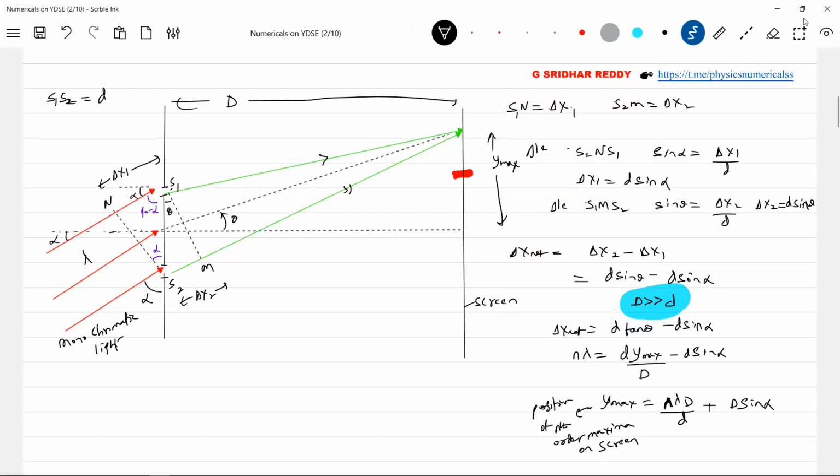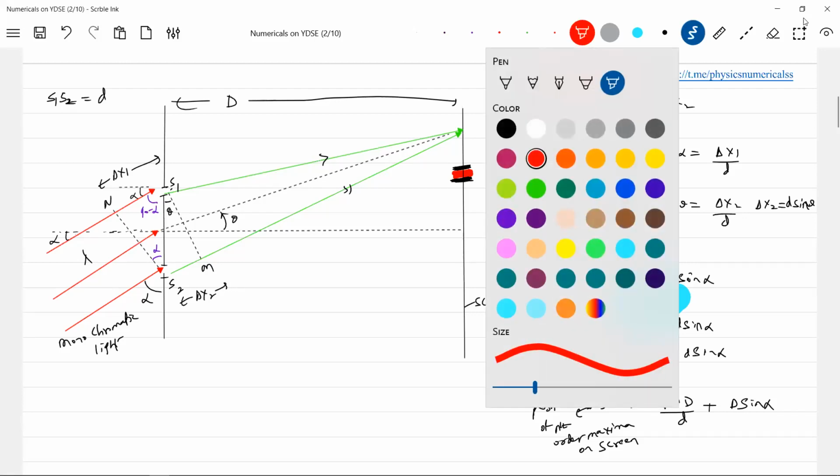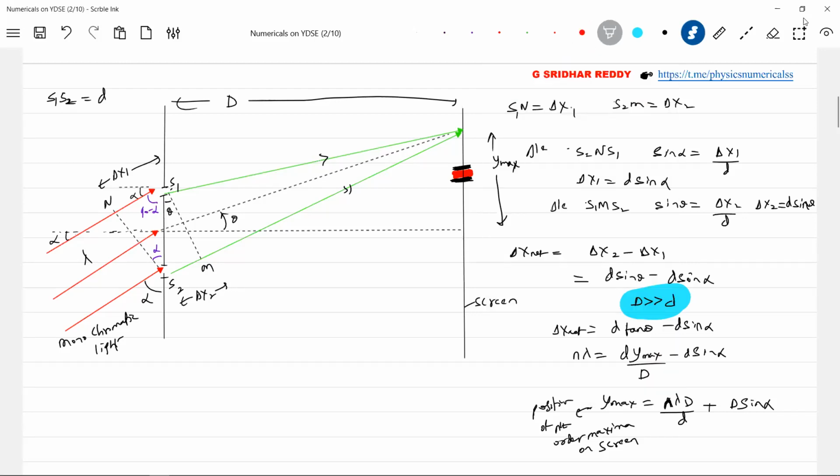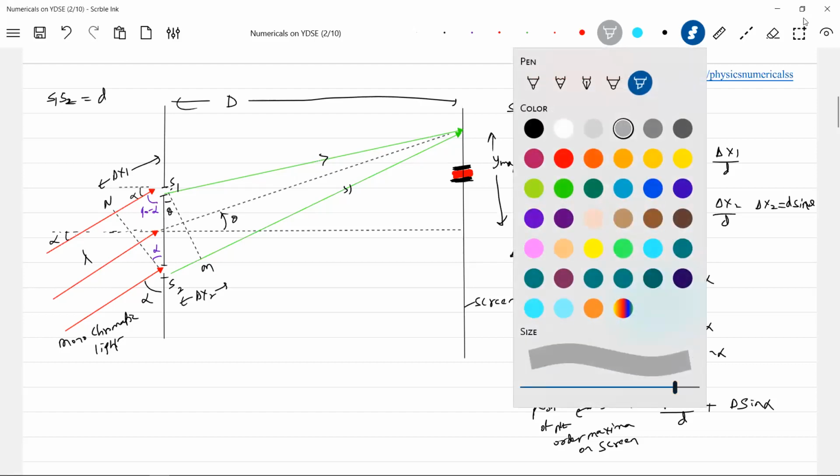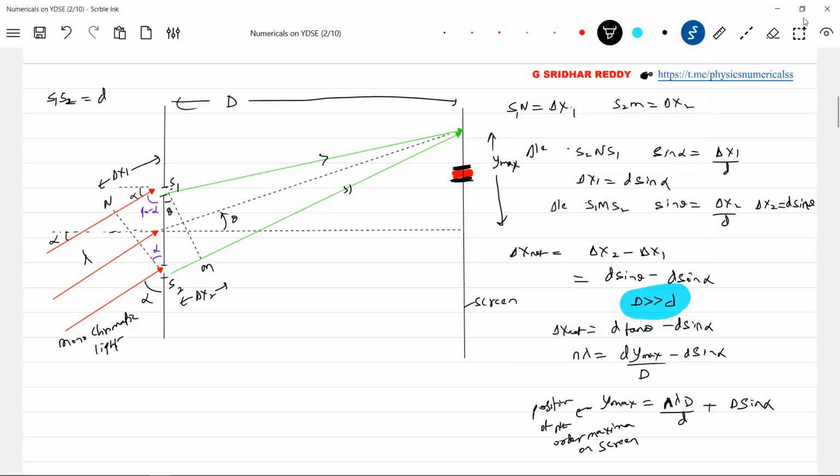What about the other maximas? The other maxima will start here. That is a wrong convention; we are not supposed to show the central maxima in red color, because usually all the maximas will be the same color. Okay, this will be the pattern on the screen.